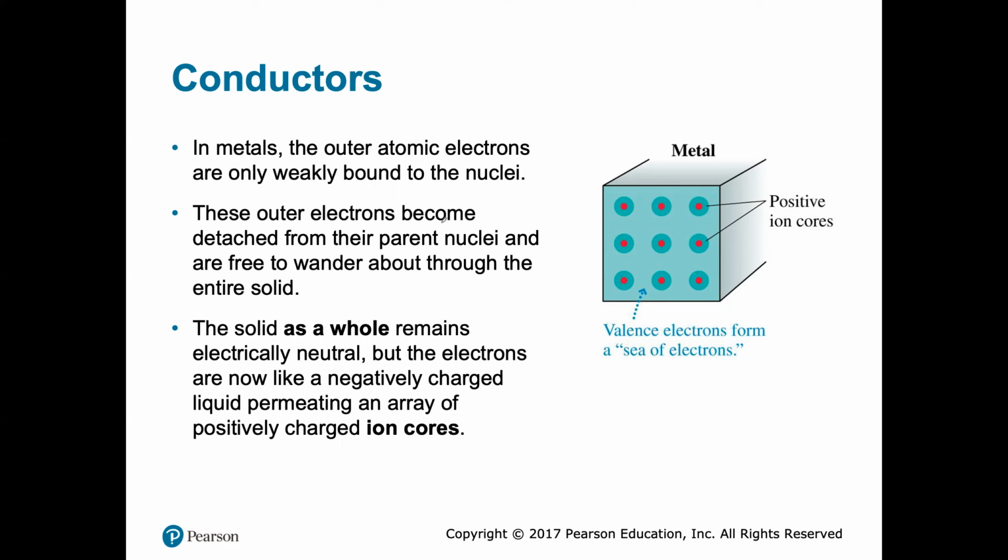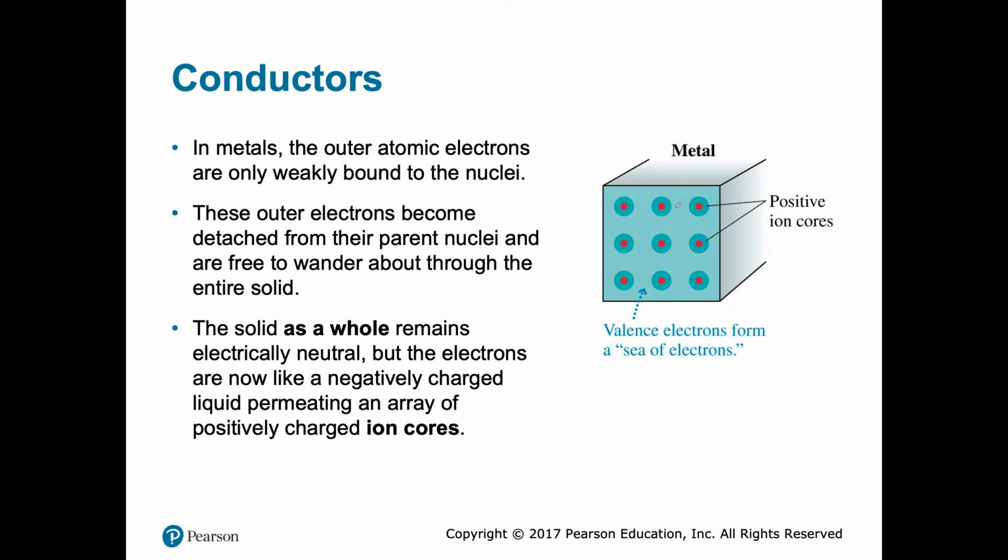These outer electrons become detached from their parent nuclei and are free to wander about through the entire solid. The solid as a whole remains electrically neutral, but the electrons are now like a negatively charged liquid permeating an array of positively charged ion cores.